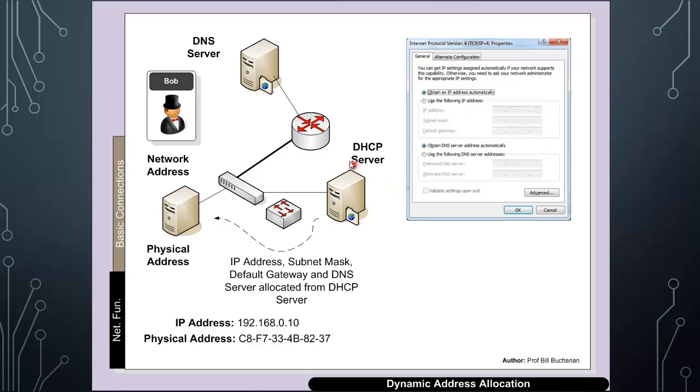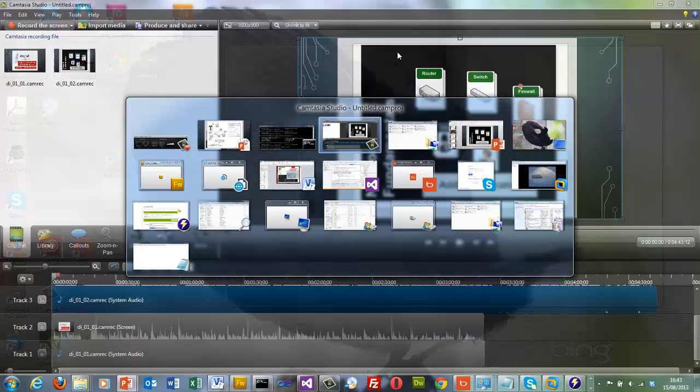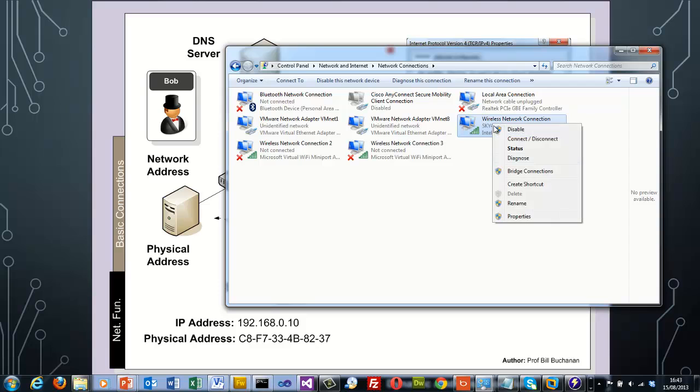This can happen in a wireless network, where the wireless router will actually have a DHCP server in it. So when we boot up, our machine asks the DHCP server for these network details, and then we get that sent to us. In this case, we'd set up our machine so that it would obtain the IP address automatically. So let's try that again.